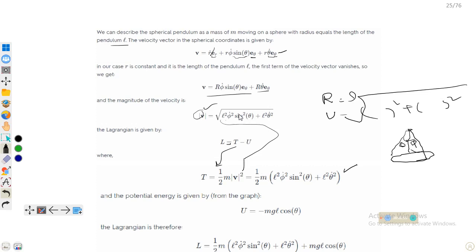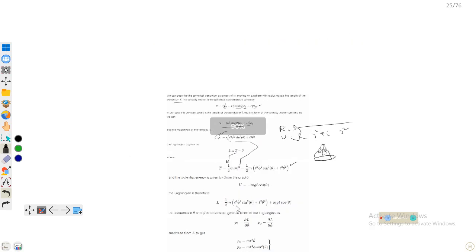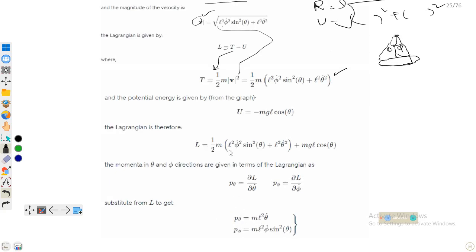Then the Lagrangian L is equal to T minus U. So we have kinetic energy equal to this, and potential energy equal to this. Just plugging these values into this expression will give the Lagrangian as this term.